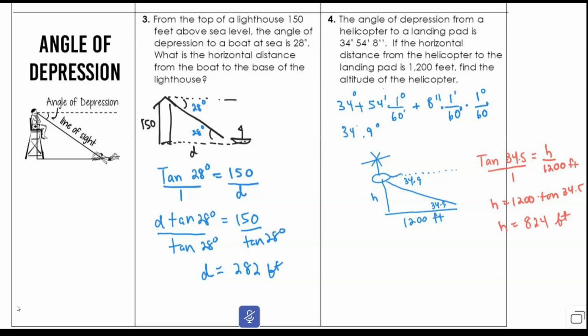So take a minute to think about which of the functions we're going to use, either sine, cosine, or tangent. You have opposite and adjacent, so what you're going to write is tangent of 28 degrees is equal to the opposite, which is 150, divided by d, because we're looking for that distance.